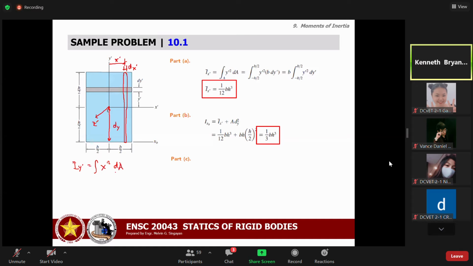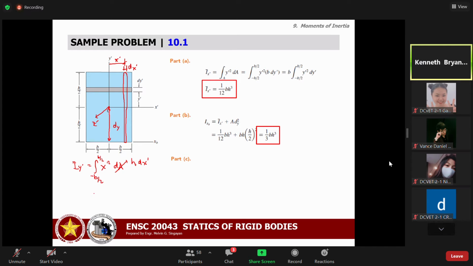We know dA is the area of the strip, which is h times dx prime. What are the limits for x prime, for the area? That is from this point up to that point, so from negative b over 2 to b over 2.